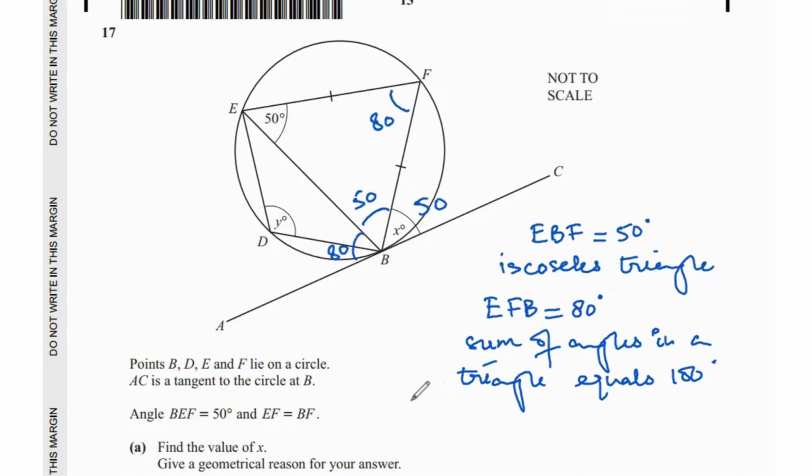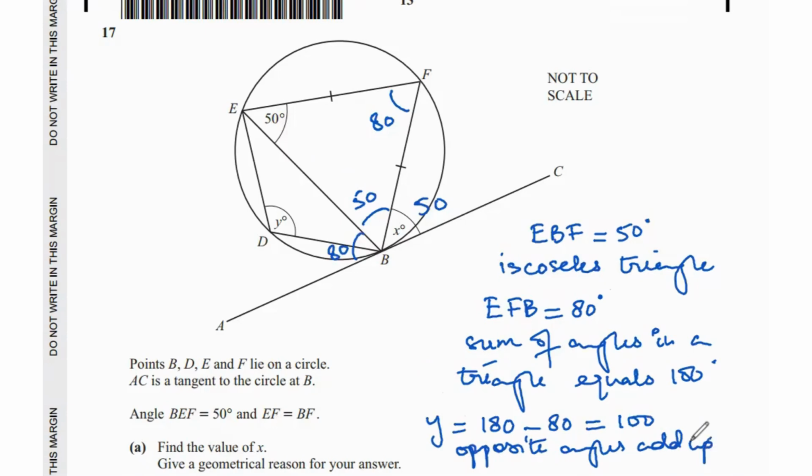Then y would be 180 minus 80, which is 100, because opposite angles add up to 180 degrees in a cyclic quadrilateral. That is your complete answer for part B, where we're trying to find the value of y.